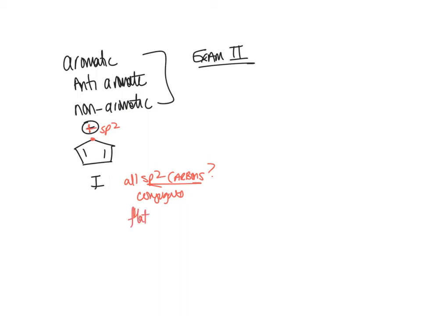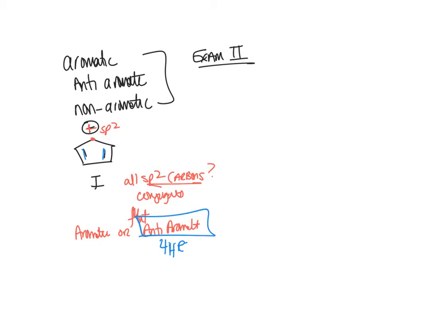So this would mean that it's either aromatic or it's going to be anti-aromatic. So we've got to do Hückel's rule. And so this only has 1, 2, 3, 4 pi electrons. Okay, so that's going to be anti-aromatic.